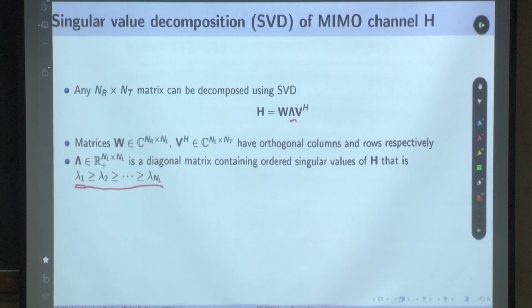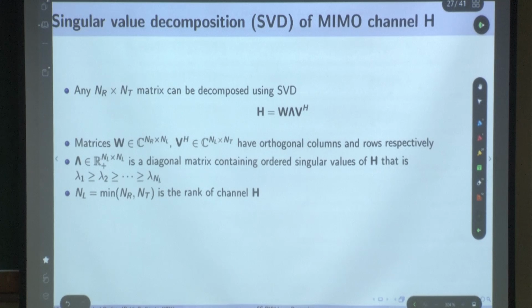NL, that is what we saw. The size of lambda is NL cross NL. And what is this NL equal to? NL is equal to the minimum of NR comma NT, and this is also called the rank of channel H.